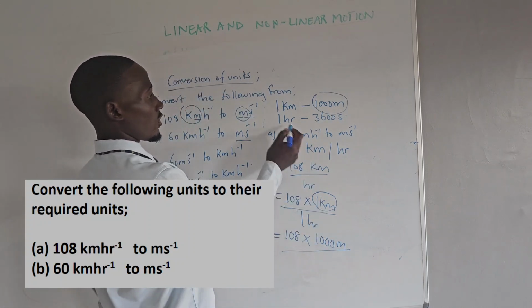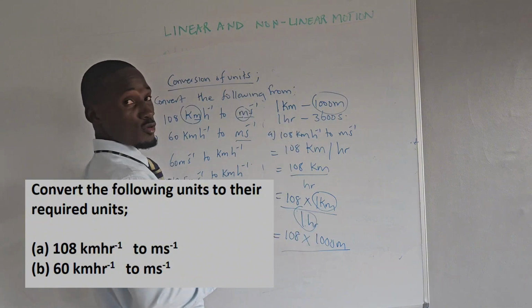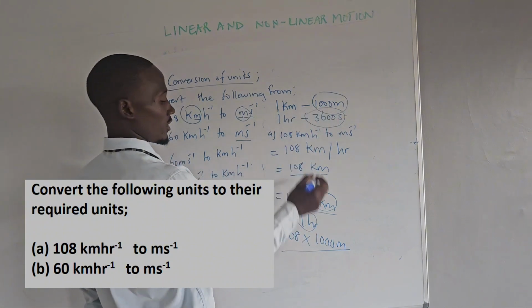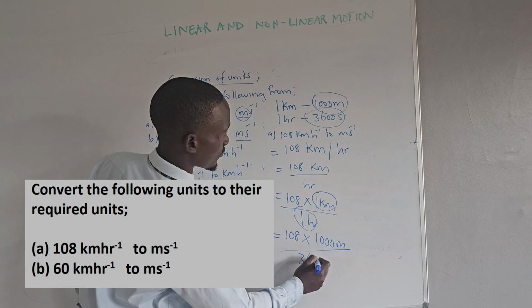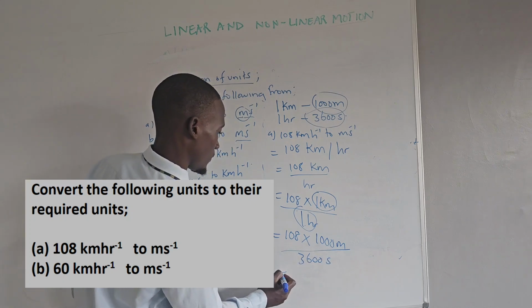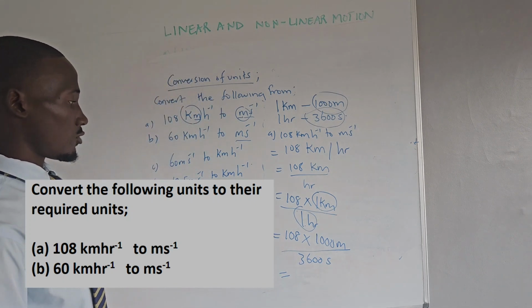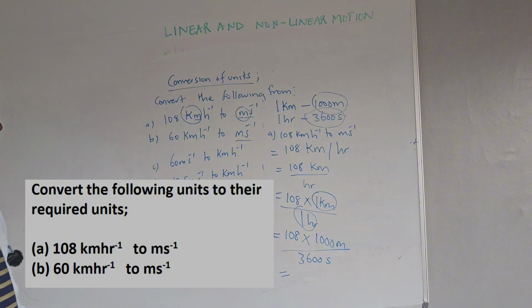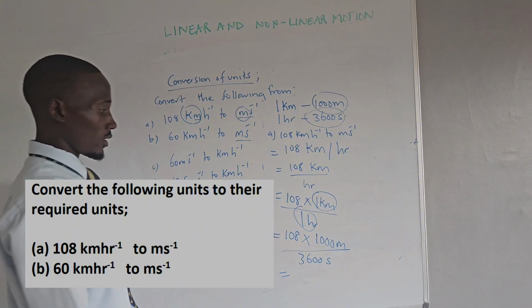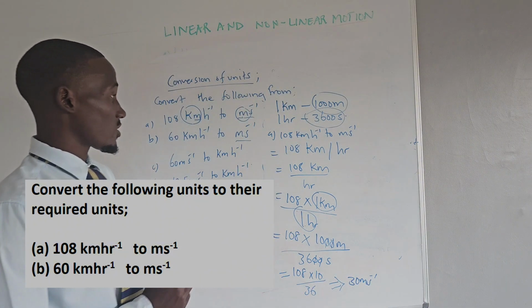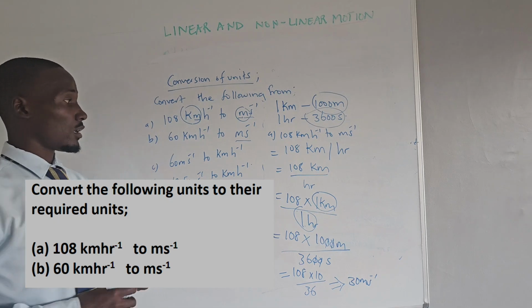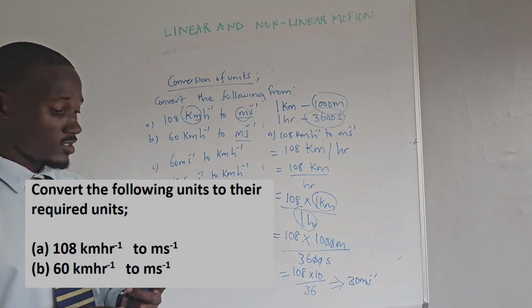Where there is 1 hour, I will put an equivalence of 1 hour, that is 3600 seconds. And now when we place it on our calculator, that is per second.